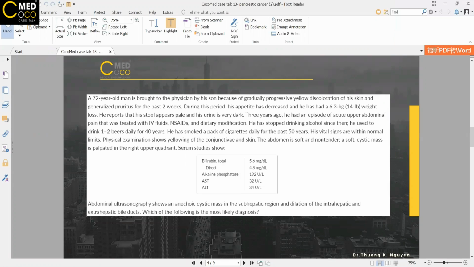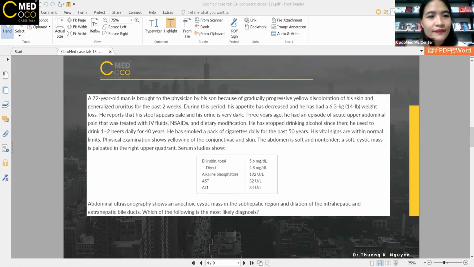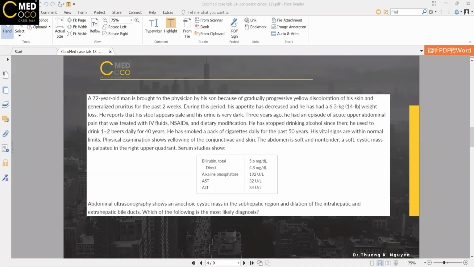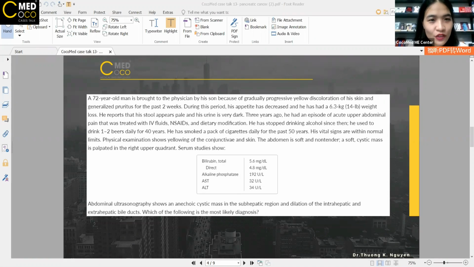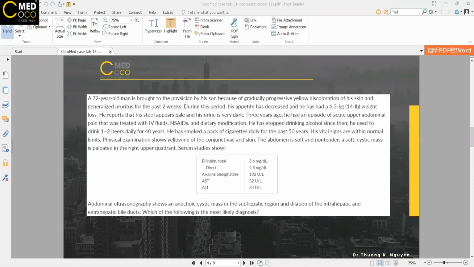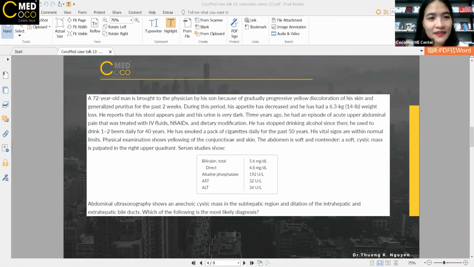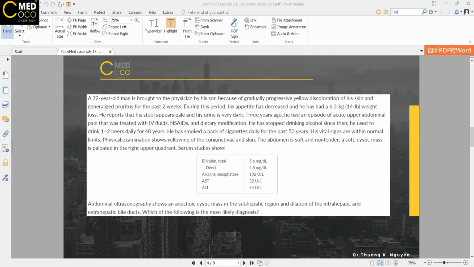72-year-old man is brought to the physician by his son because of gradually progressive yellow discoloration of skin and generalized pruritus for the past 2 weeks.